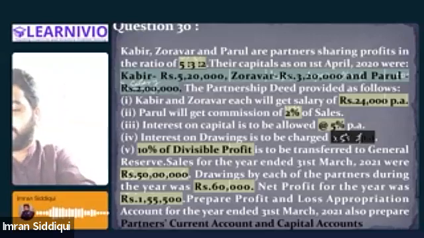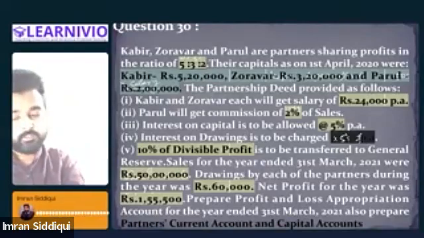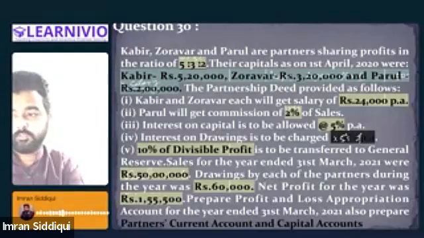Out of 1,60,000, subtracting 26,000, then 16,000, then 10,000, and then 48,000. All right.